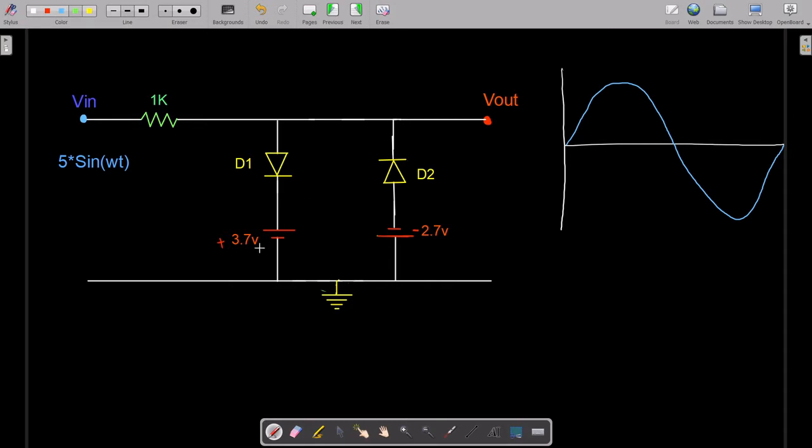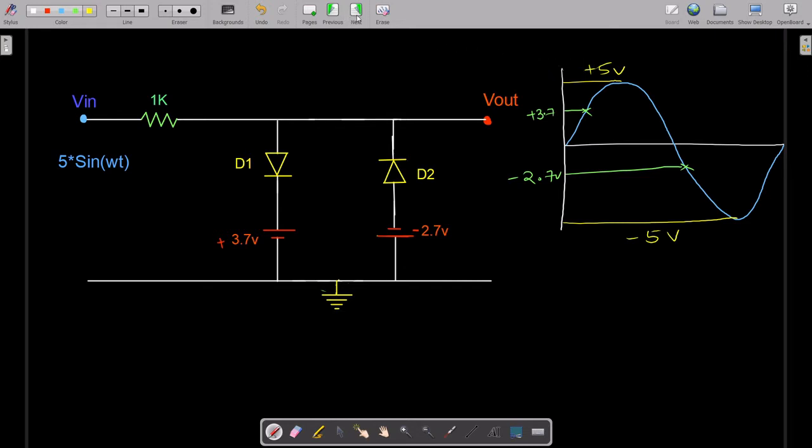There are two voltages, plus 3.7 volts and minus 2.7 volts, so you should mark those points over here. Let's suppose somewhere over here you will get plus 3.7 volts and somewhere over here you will get minus 2.7 volts, correct. And this sine wave has an amplitude of 5 volts, so this is plus 5 volts and this is minus 5 volts, correct. So I hope you understood everything up till here.